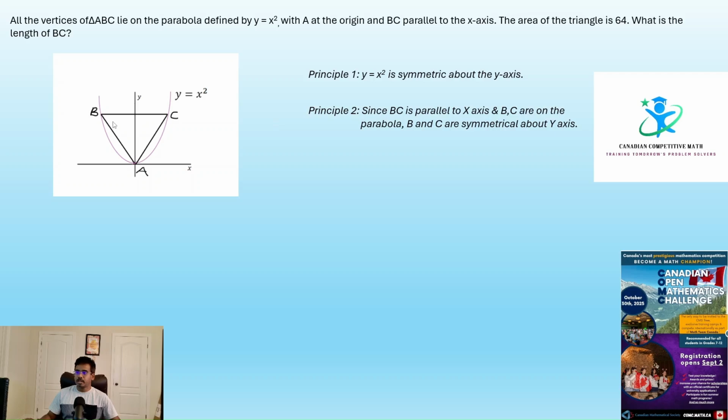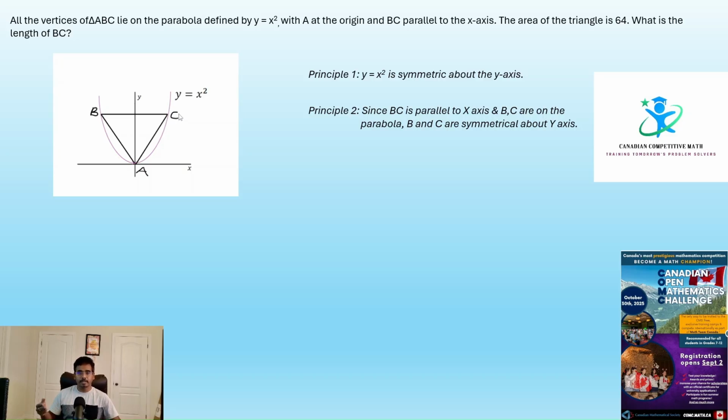Principle 2, since BC is parallel to the x-axis and B and C are on the parabola y equal to x squared, B and C are symmetric about the y-axis. Meaning, if I take an image of C about the y-axis, we will get point B. Meaning, B and C will have the same y coordinate, but they'll have the same x coordinate with opposite signs.